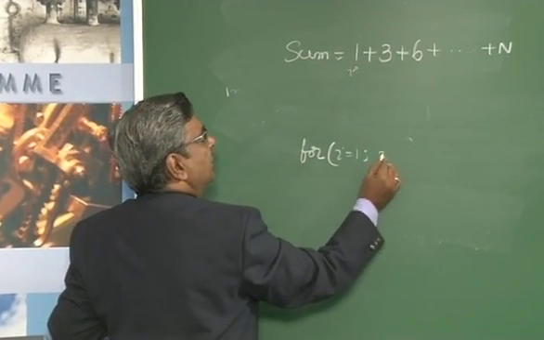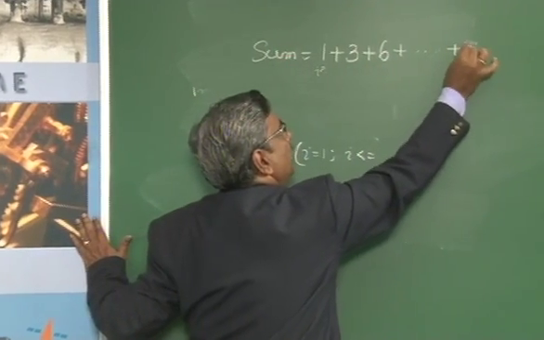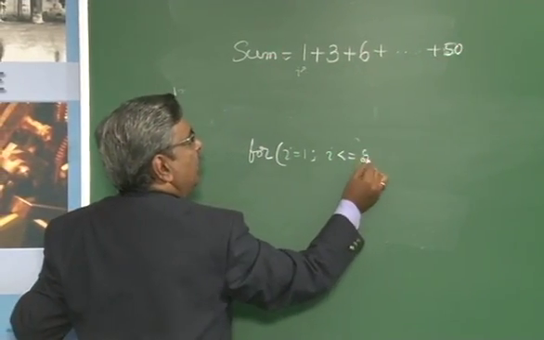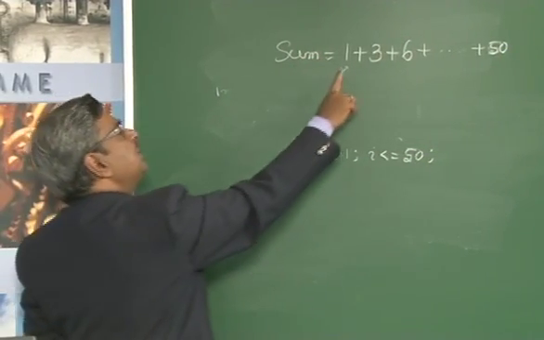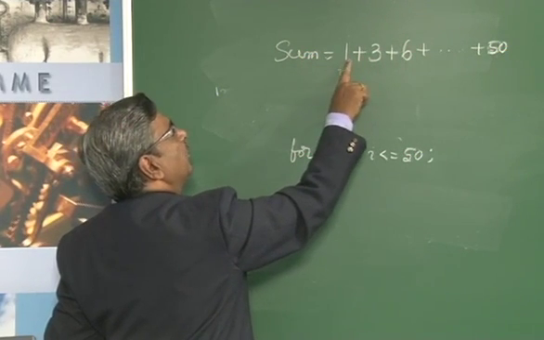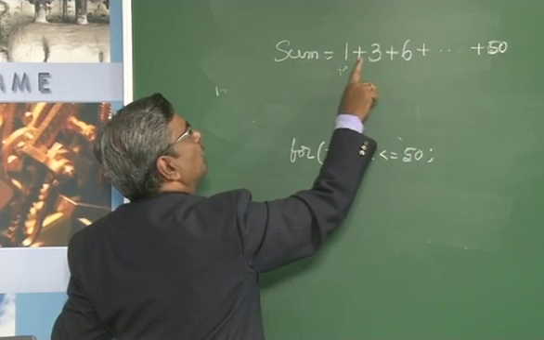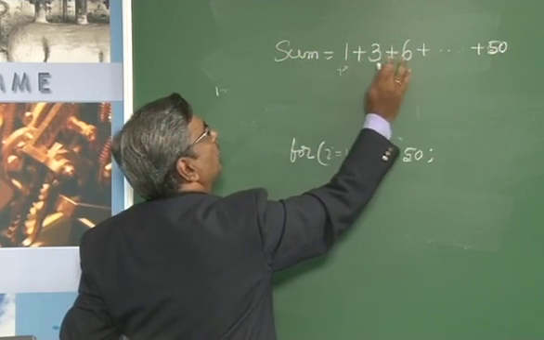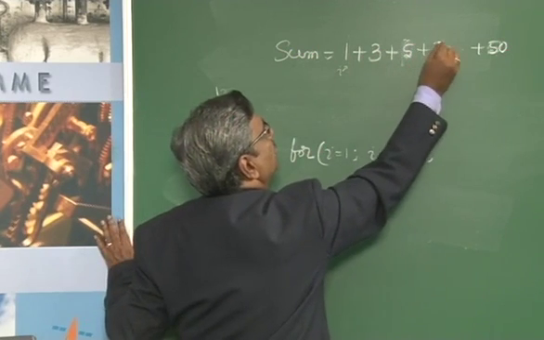Until I less than or equal to n. If the n value is say 50, you can check here I less than or equal to 50, that is the condition. Each time the value of I is incremented by 2: 1, then 1 plus 2 is 3, 3 plus 2 is 5, 5 plus 2 is 7, like that.